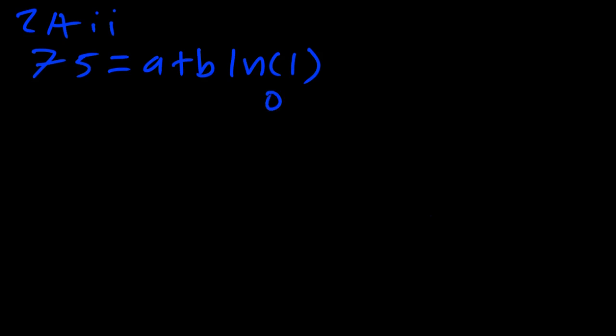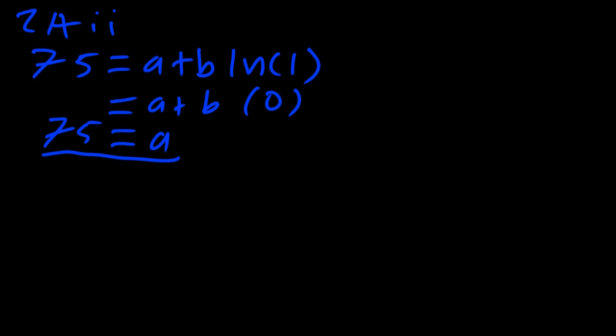Natural log of 1 is equal to 0. So we have a plus b times 0. And anything times 0 is just 0. So b is effectively eliminated. So therefore, a is equal to 75. That's the first half of the equation.